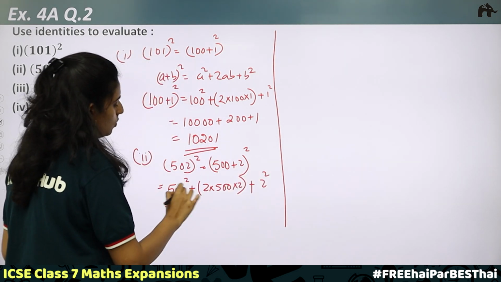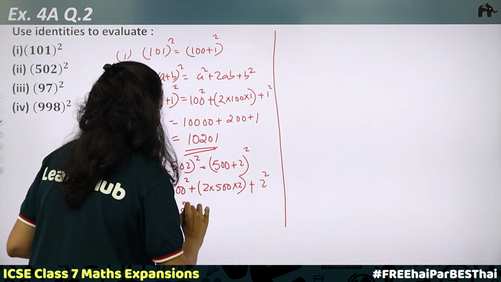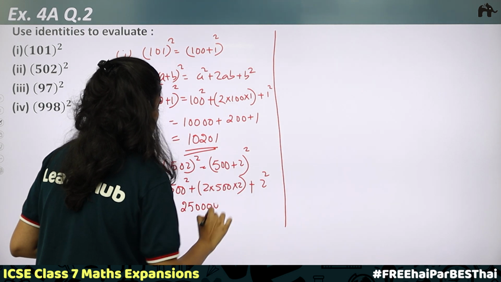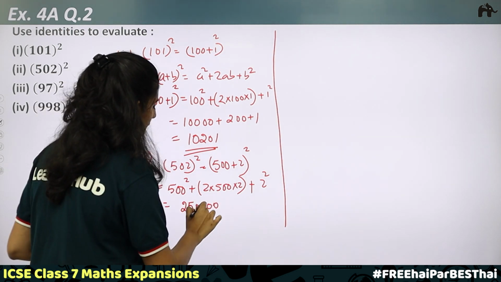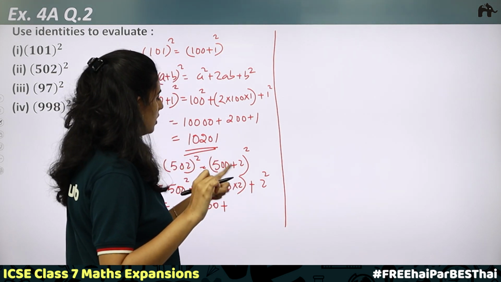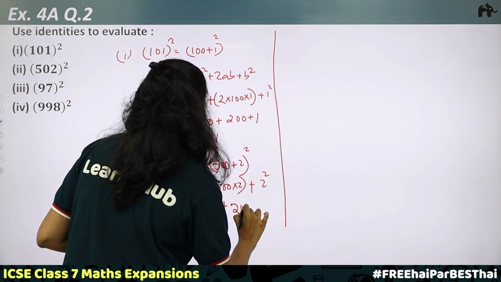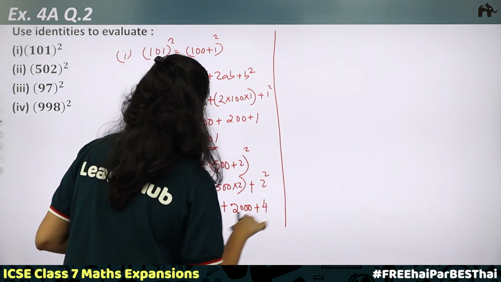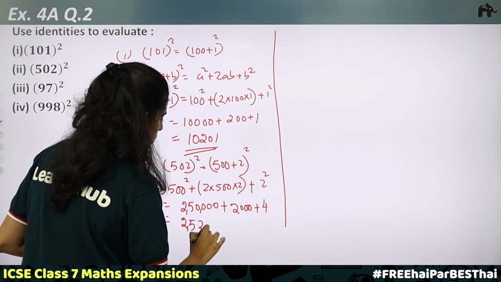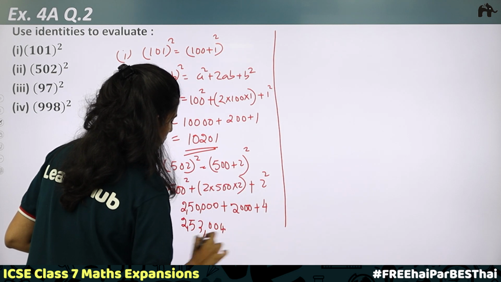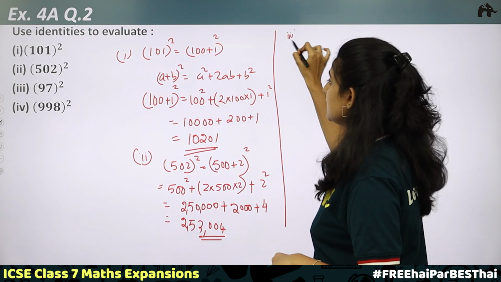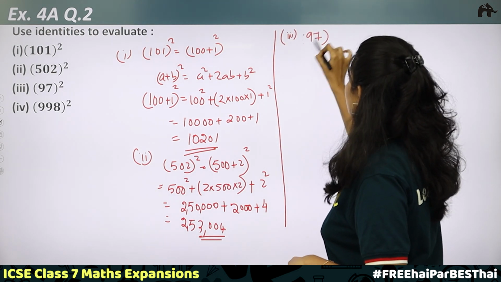What is 500 square? 25 and 4 zeros, that is 2,50,000, plus 2 into 500 is 1,000, 1,000 into 2 which is 2,000, 2,000 plus 2 square 4, which is equal to 2,52,004.